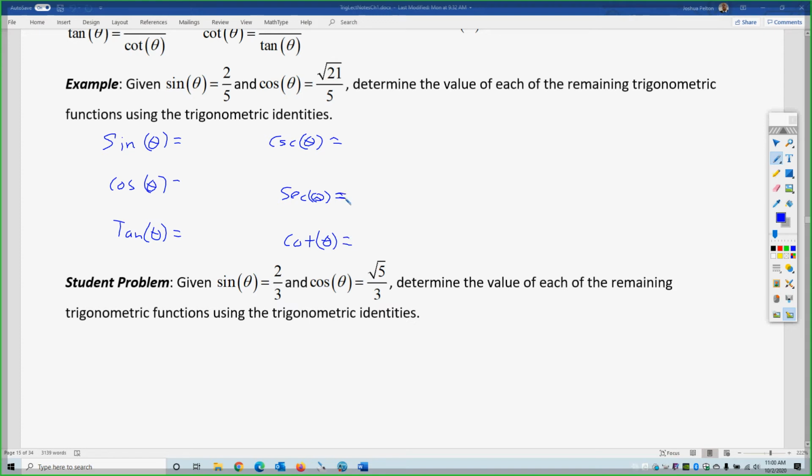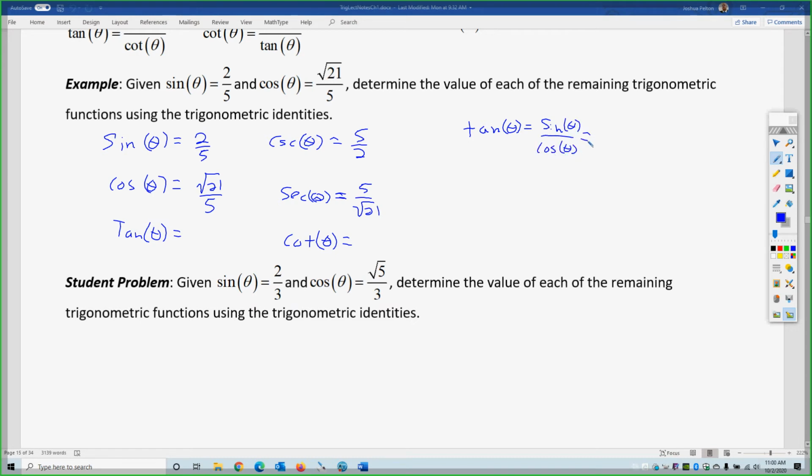Okay, so we were given sine is 2/5, and we were given cosine is root 21 over 5. So using the reciprocal identities, which is the first ones, it says that cosecant and secant are reciprocals of sine and cosine. So we just have to flip those. Then we're using the ratio identities because it says that tangent is sine over cosine.